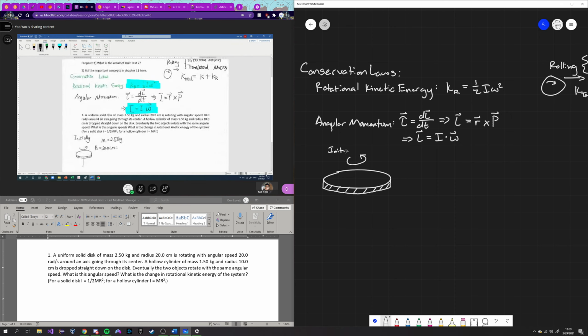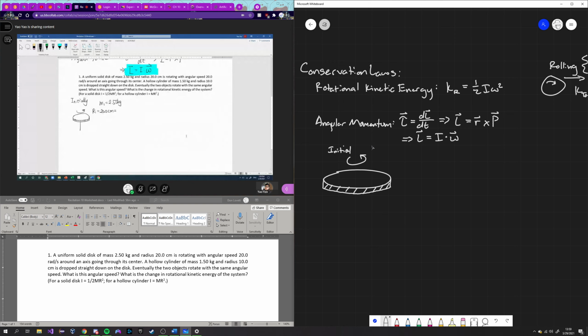And here, transfer this 20.0 centimeter into the SI unit, so that in the future calculation it will be more convenient for you to use other SI units. So here I transfer that to 0.200 meters, all right? And for this solid disk, the moment of inertia has already been provided by this equation here.